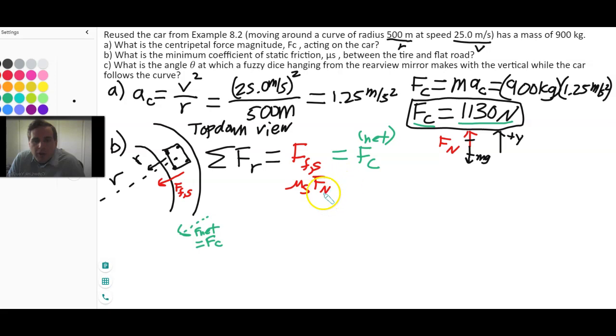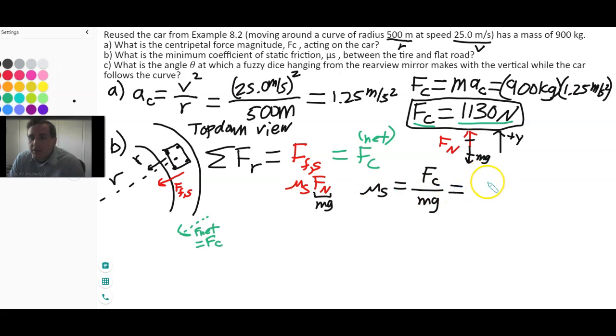So what do we have here? We have this equal to mg, and I think we can go ahead and solve for the centripetal force. I'm switching just to the black color, but hopefully you see where the vectors are. But mu s should equal F sub c divided by mg, the centripetal force divided by the weight in this case.